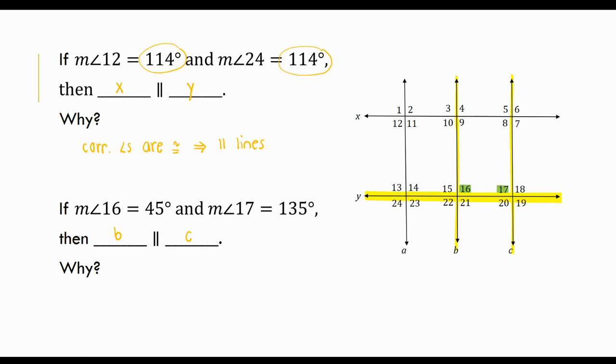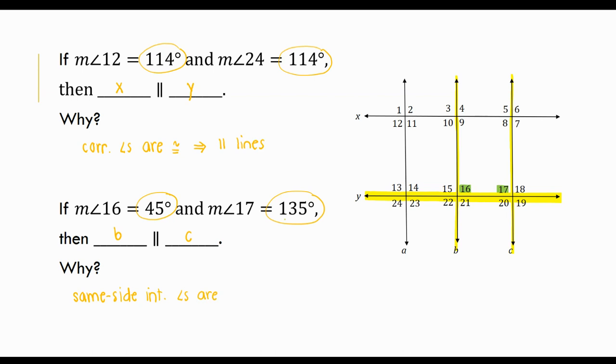So now I need to justify why I know that. So looking at the measures of the angles, these are not congruent, they are supplementary. Noticing that the two angles that are highlighted are in between the two lines I want to be parallel, so they are interior. They're both above line Y, so they're the same side. So when I have same side interior angles, they're not congruent.